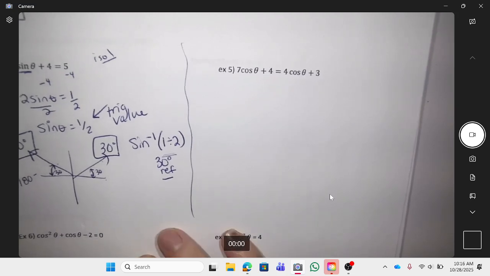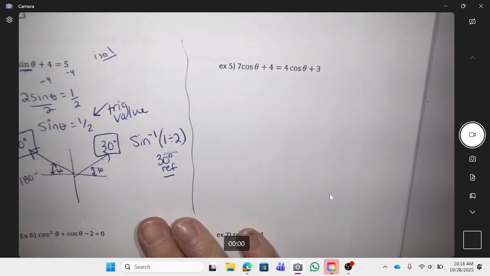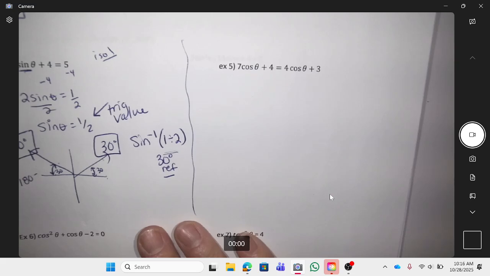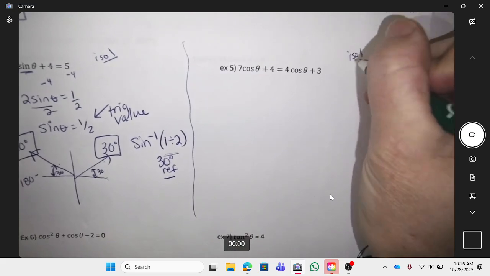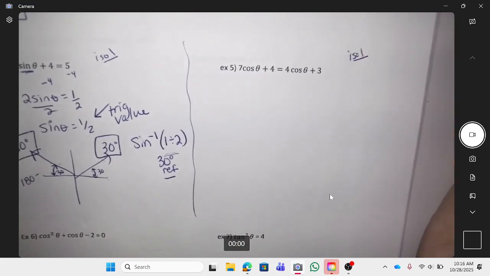Okay, number 5, we need to do algebra. So again, your algebra from last unit, should you isolate, factor, formula? Isolate. There is only one variable type, cos theta. That's it.